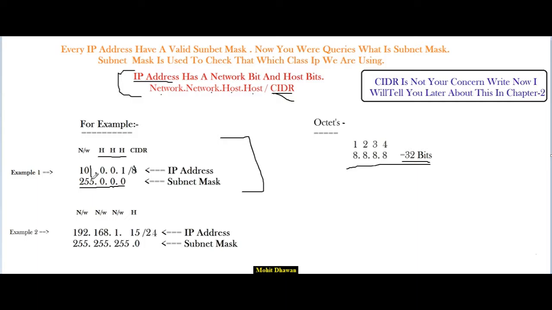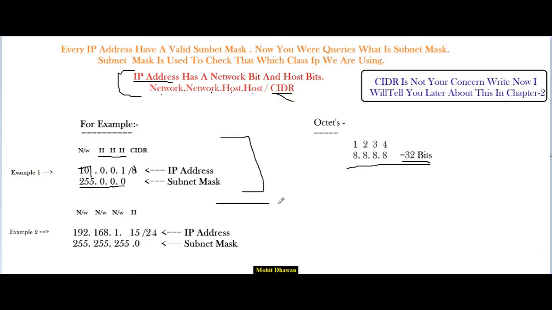The number of full octets is the number of 255s. This octet is full, so that's why this is the network bit. The remaining are empty, so they are host. Host means they are eager to get completed, so that they also become a network.